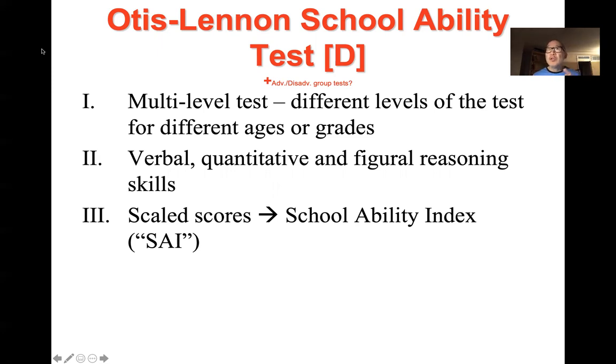So not just math, but being able to visually, logically figure out problems, kind of similar to some of the visual spatial tasks we had discussed with the WAIS. Once a student completes the test, the raw scores are converted to scaled scores, and the scaled score is summed up in the school ability index.